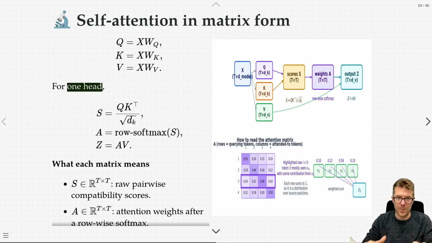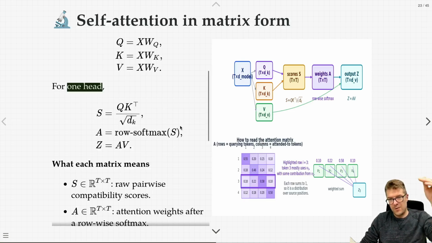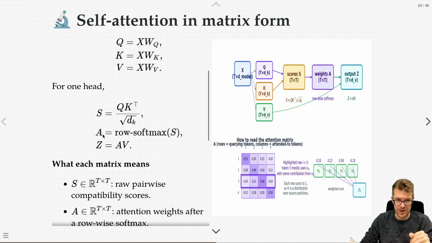But for one particular head, we have the same kind of scores. S, which we defined a moment ago, is just a matrix form of the scores. We'll have our softmaxes done row by row. This gives our attention weights, which we call A, and then A times V is going to be our contextualized representations for every word.